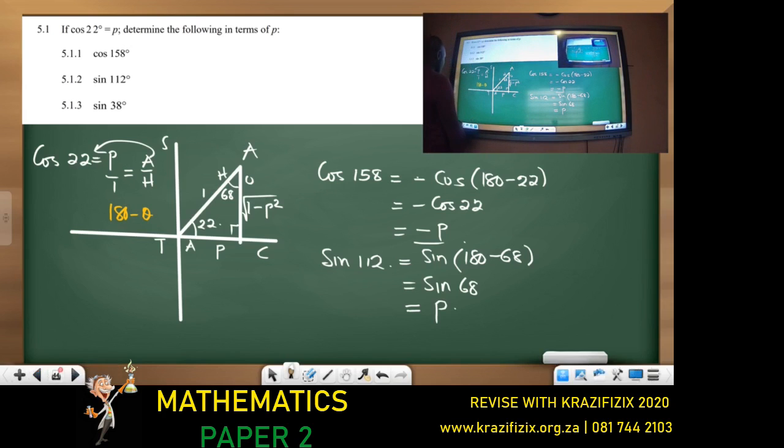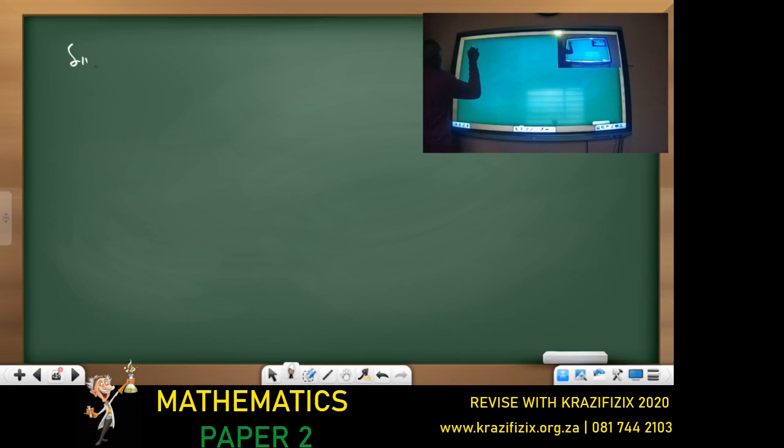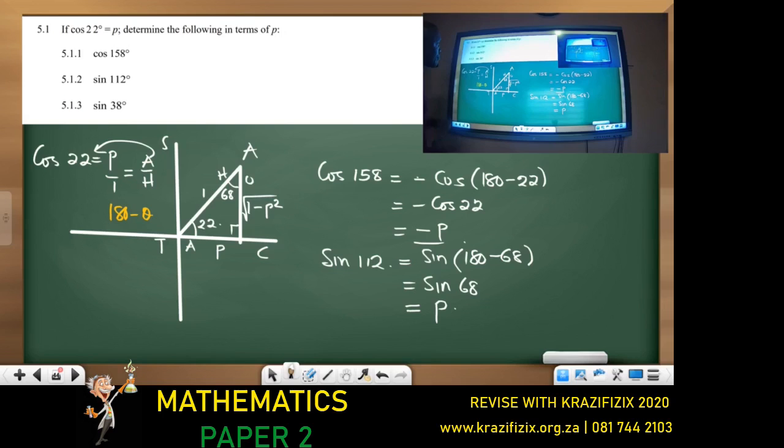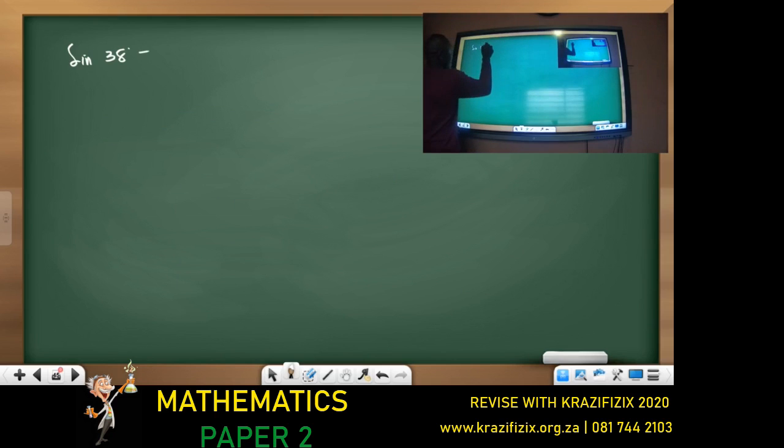Now look at the next one. Sine 38. Let's quickly work around that. If you check what you have, 22 and 68, 38 has got nothing on this. So you need to play around with numbers. What I'm going to do is 68 minus 38, which gives me 30.